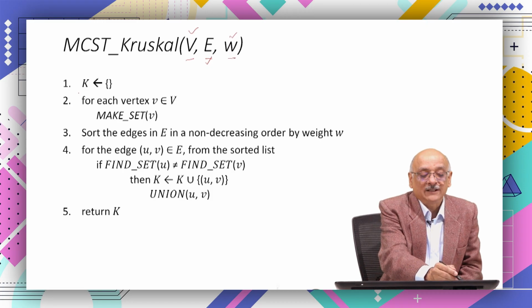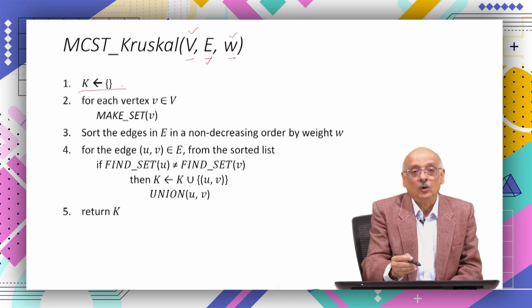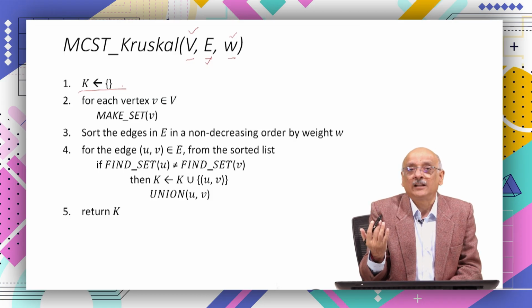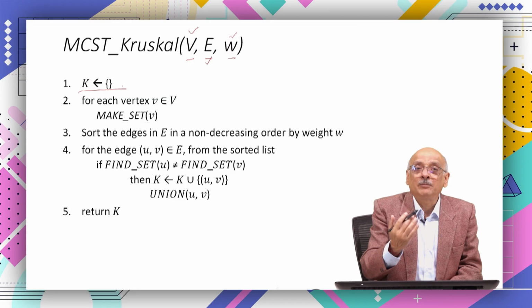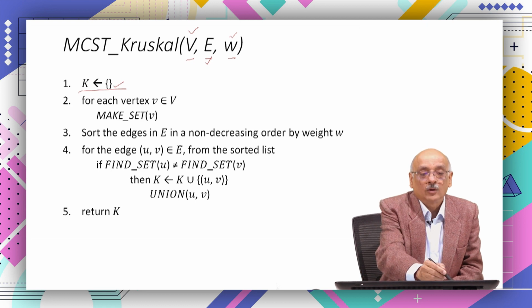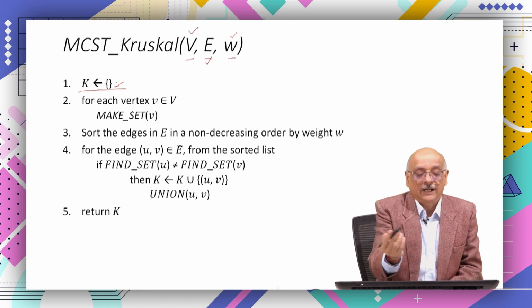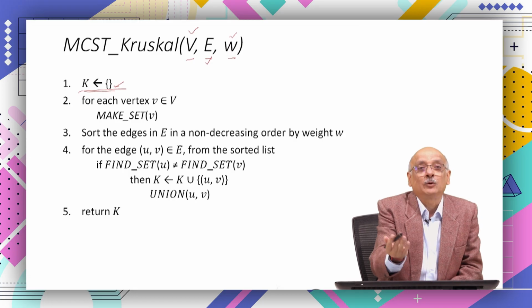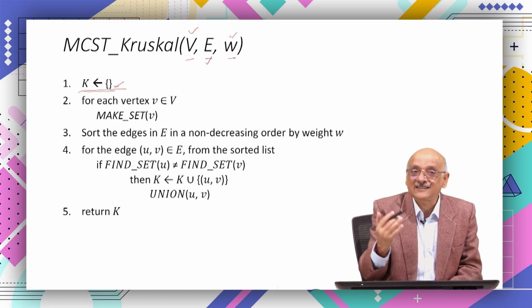And we start with the set K, which is the set of edges selected for the minimum cost spanning tree in Kruskal's algorithm, and we initialize it to null, right? That is how we are going to start, because no edge has been selected in the start.